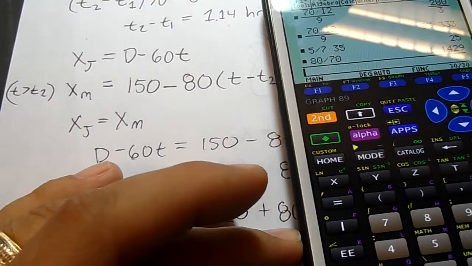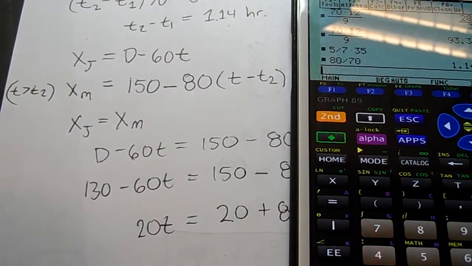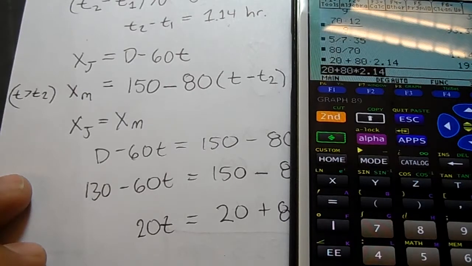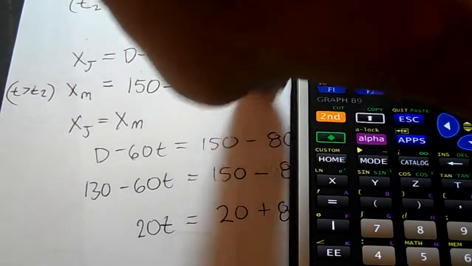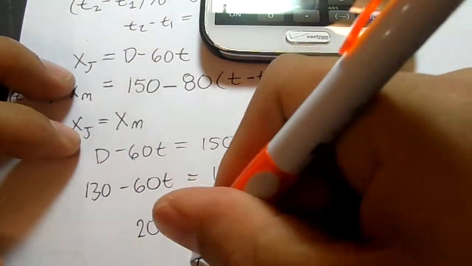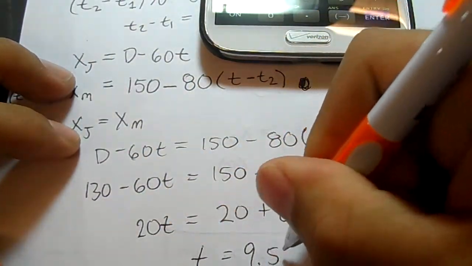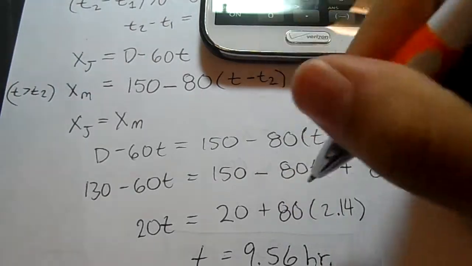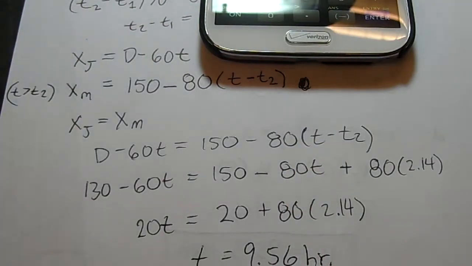I'm going to take 20 plus 80 times 2.14 and divide that by 20 to get 9.56. So t equals 9.56 hours. Now that's the time starting from the beginning, how long till they eventually meet.